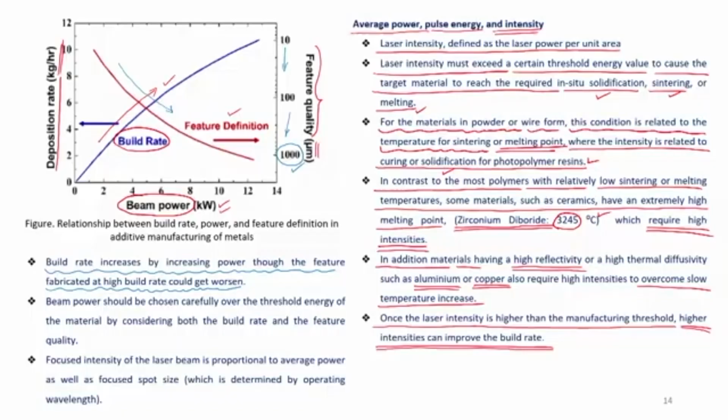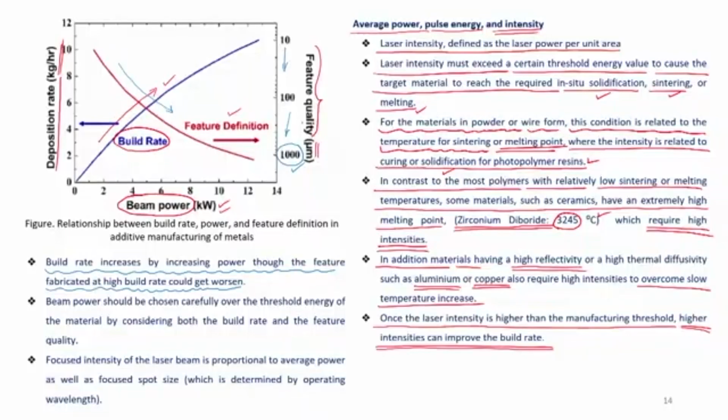So, consider a very small product to be manufactured or deposited by the AM, the laser based AM of 50 microns, and if we are applying 10 kilowatt, in that case the deposition would be of higher side, say 500 microns or 1000 microns, and naturally we will not be able to achieve its required feature quality. So, that is to be taken into consideration.